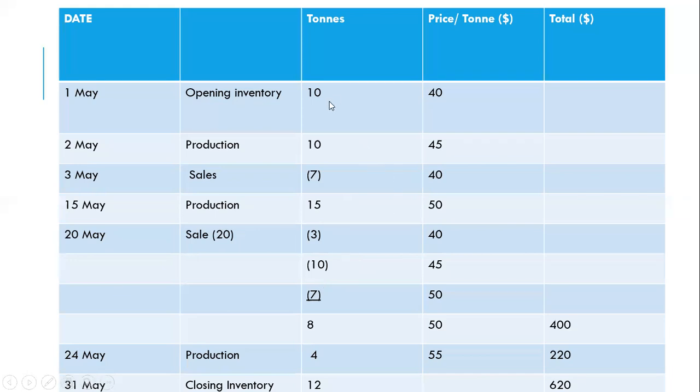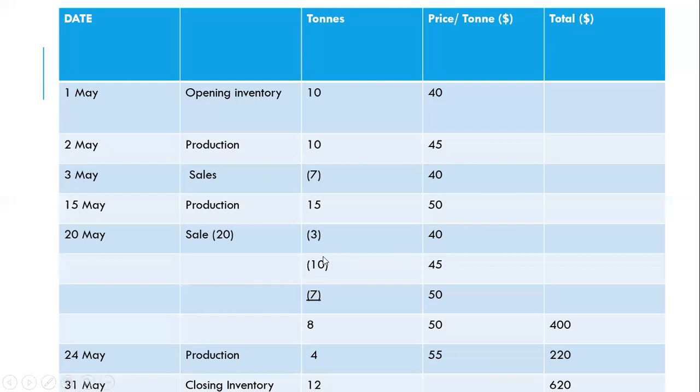Remember, in the first batch we had 10 tons, of which we have taken 7 out on 3rd May. So in this opening batch, we have 3 tons left at $40. Those 3 tons are going to be the first set out of these 20 tons, priced at $40 per ton. And that's what you have here.